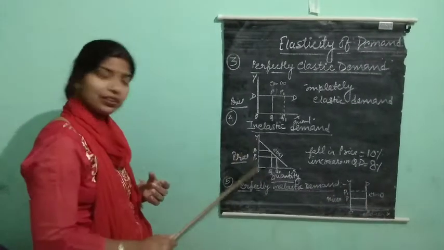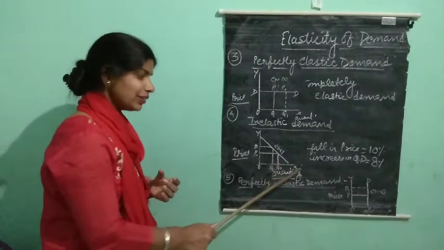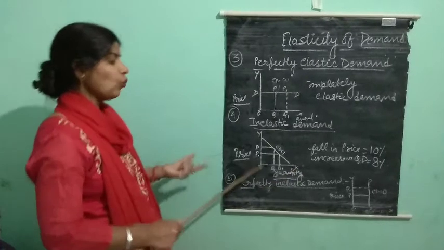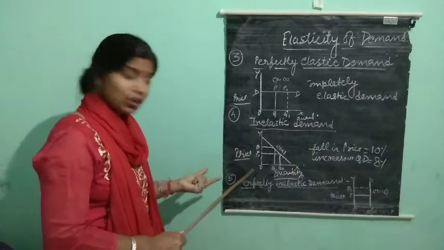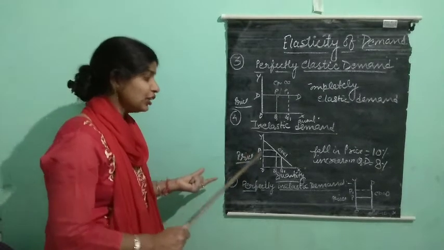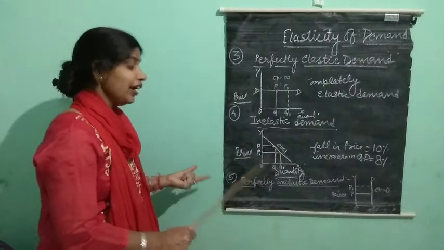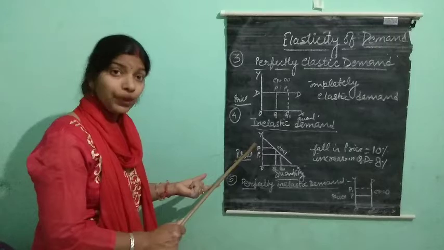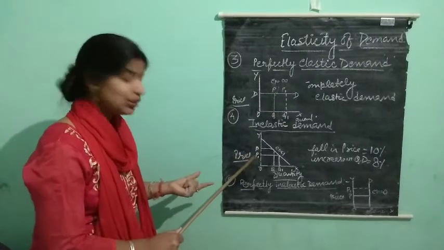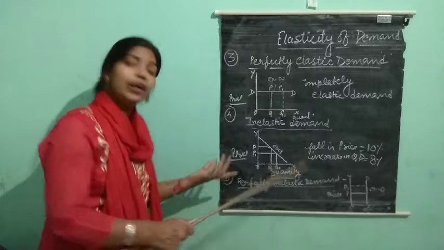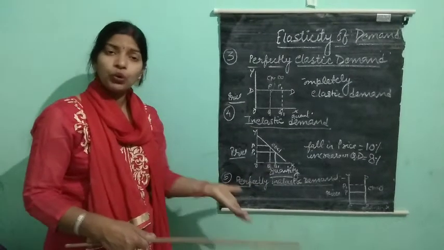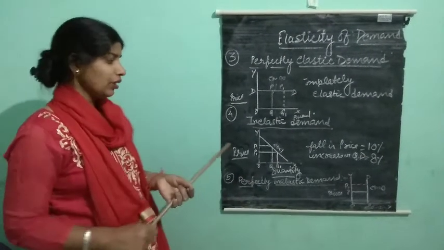All of you can see in the curve, the x-axis is showing quantity and the y-axis is showing price. The initial price is OP and initial quantity is OQ. If price falls from OP to PP1, suppose this is 10%, then quantity demand is increasing only 8%. All of you know that there is an inverse relationship.